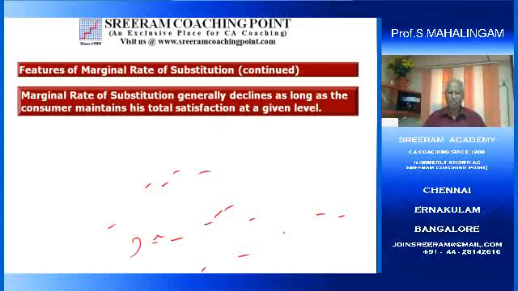Features of marginal rate of substitution. Marginal rate of substitution generally declines as long as the consumer maintains his total satisfaction at a given level. First piece of information. What is the characteristics or point of understanding?